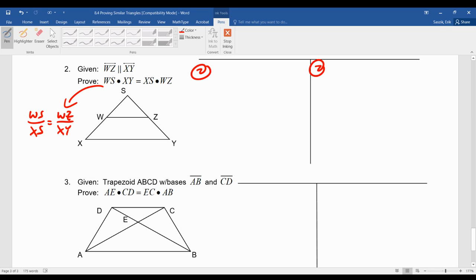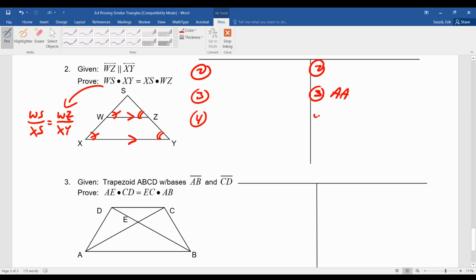So what we can do here is, we got this parallel. So I'm just going to talk through this one. We can say that this angle is congruent to this angle, and this angle is congruent to this angle from all corresponding angles. Then we can say that these triangles are similar by angle, angle in step 3. Okay.